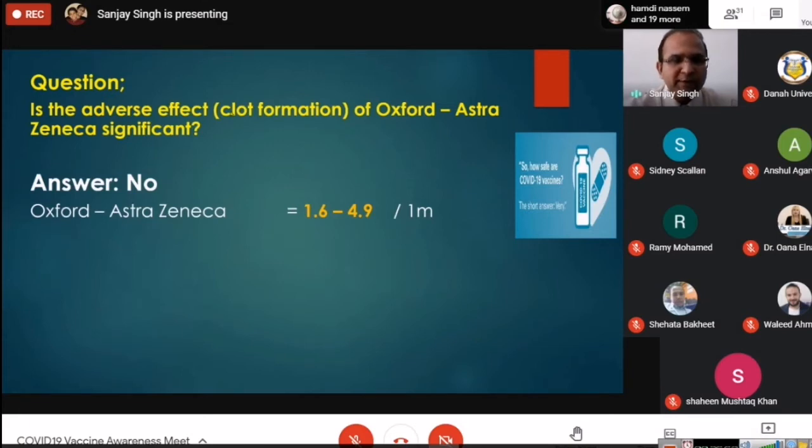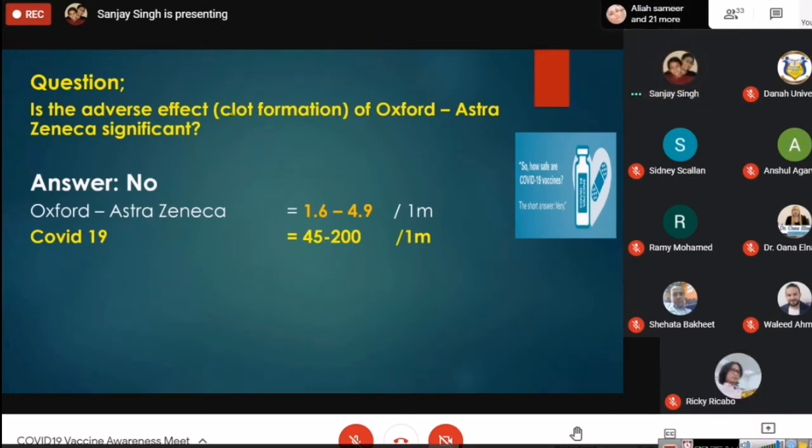Now, if you compare this with somebody having COVID-19 infection, the clot formation is up to 45 to 200 per 1 million. So which one is more? It's better to get the vaccination rather than getting the infection.